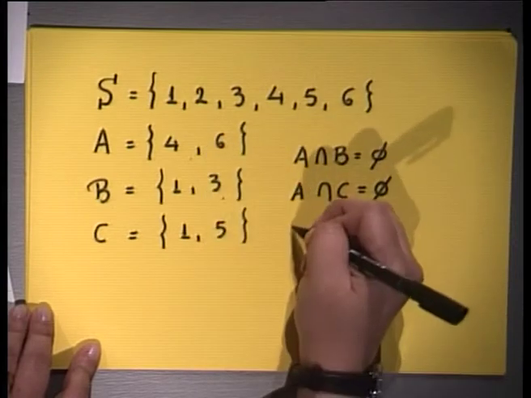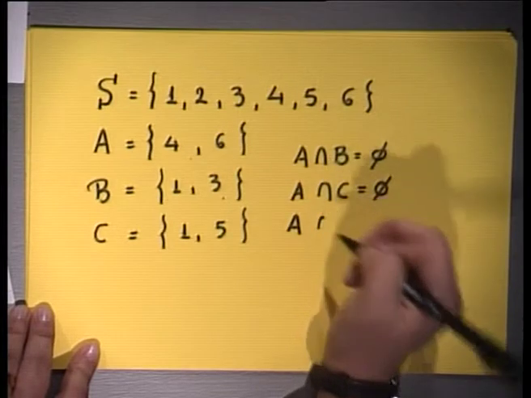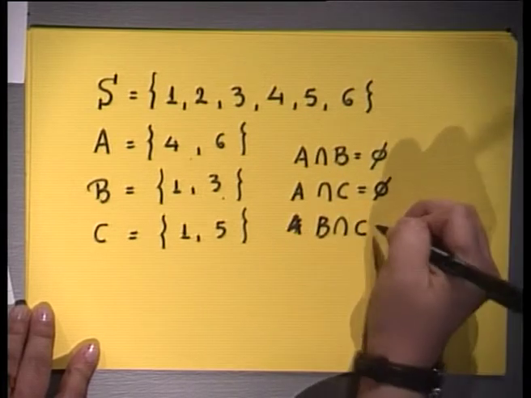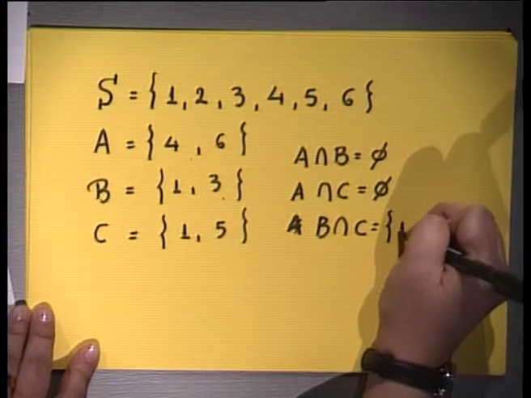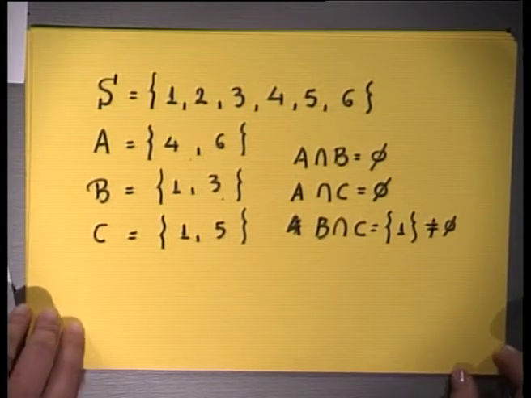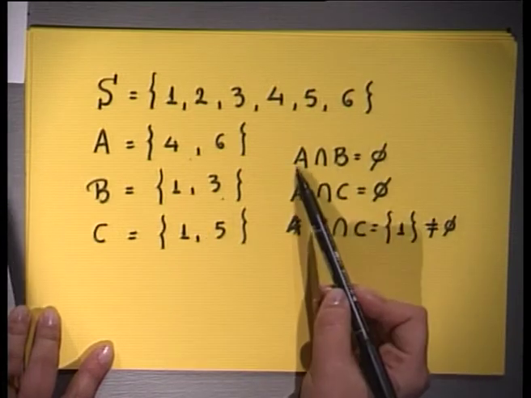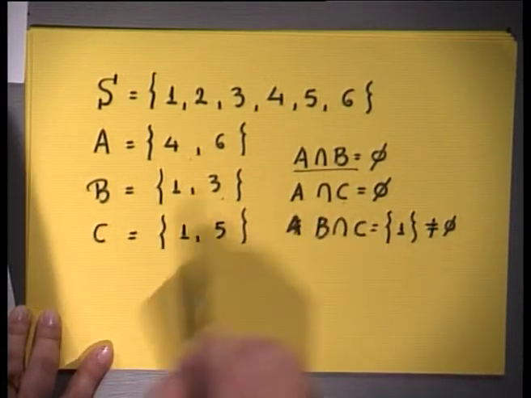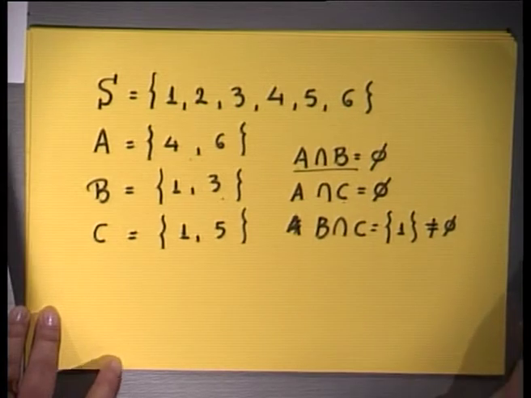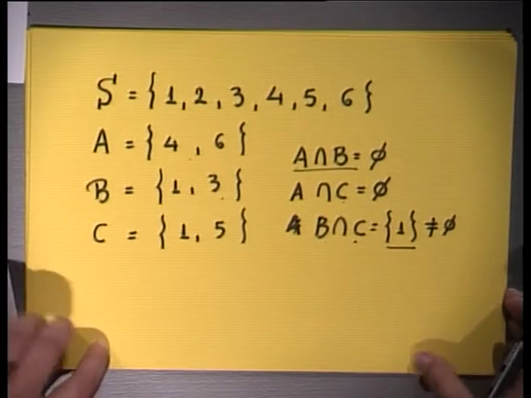The intersection of B and C would be element 1. This is not the empty set. So these are mutually exclusive events, disjoint events. These are also mutually exclusive events, disjoint events, but these are not. They have an element in common.